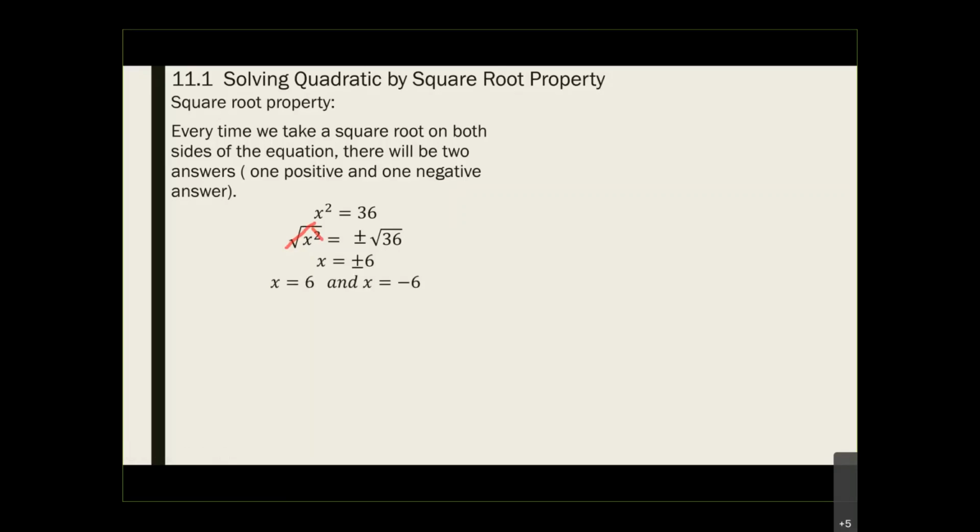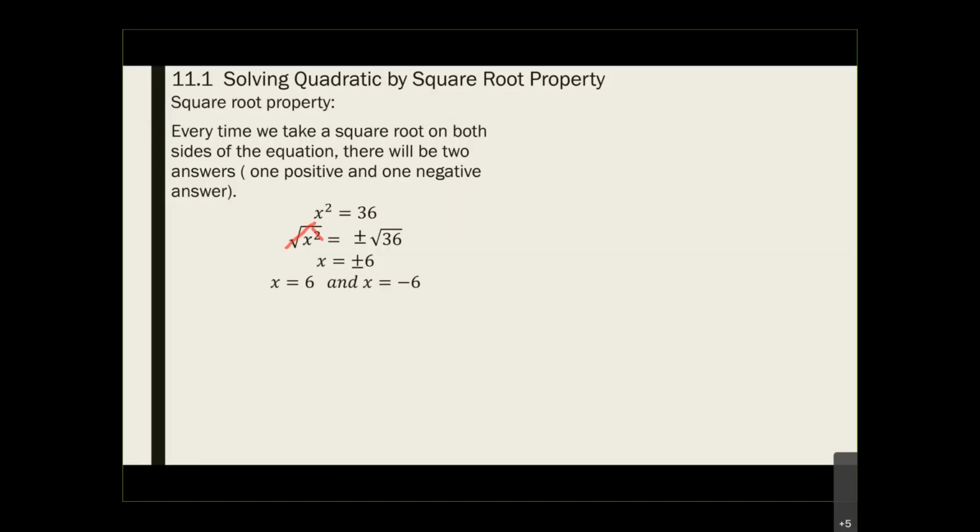This is the only property: every time you take a square root on both sides, on the left and on the right, there will always be one positive and one negative answer.